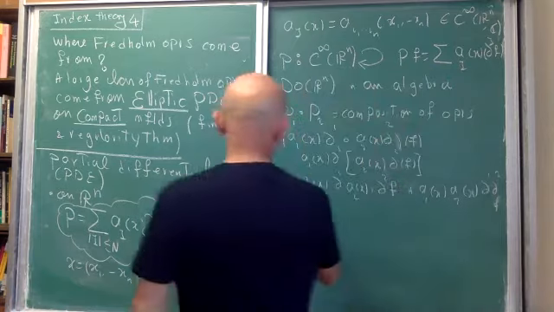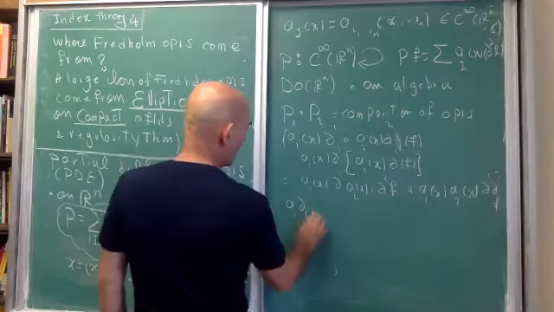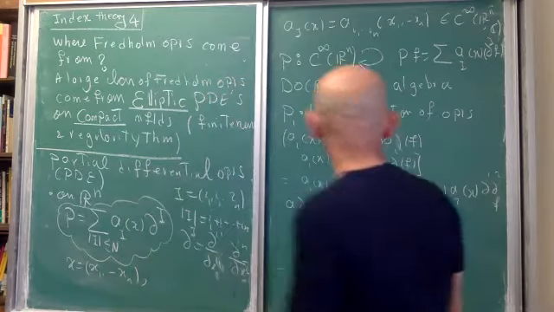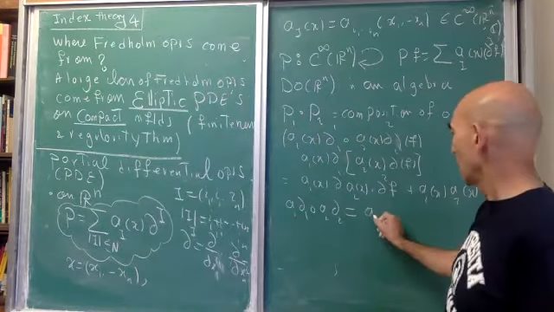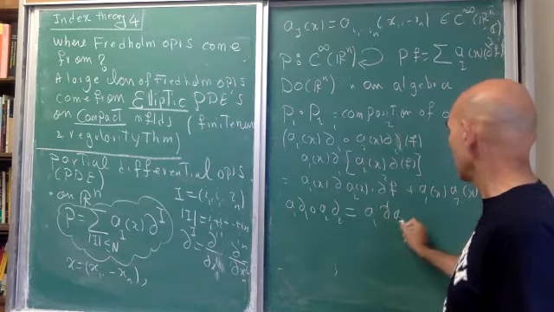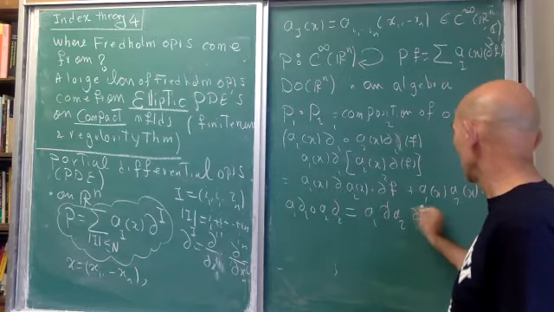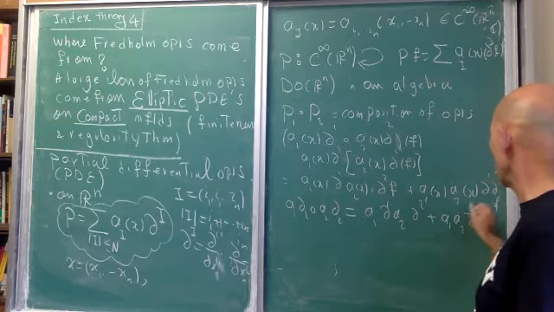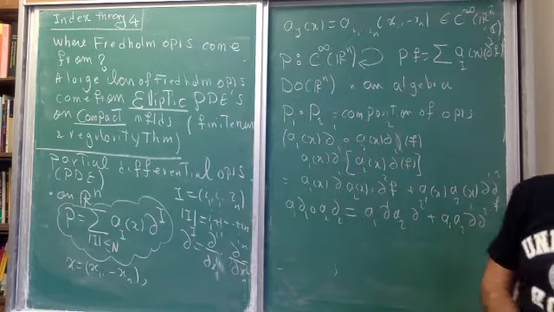So the result of A1 D1 composed with A2 D2 comes out to be equal to A1 D1(A2) D2 plus A1 A2 D1 D2.